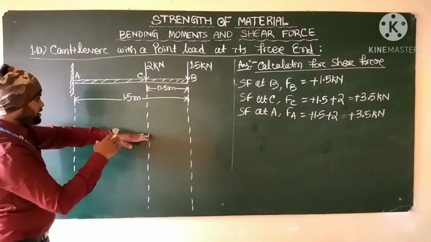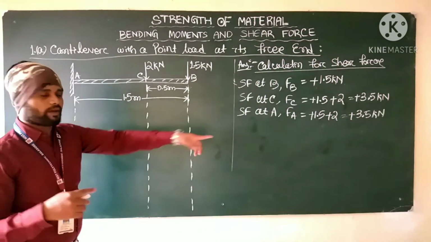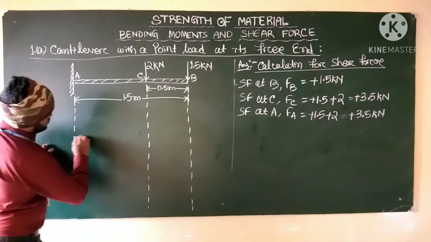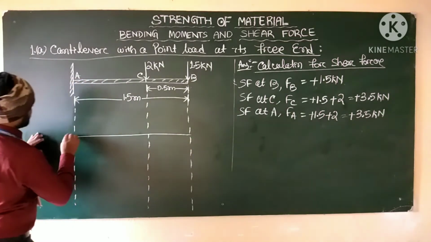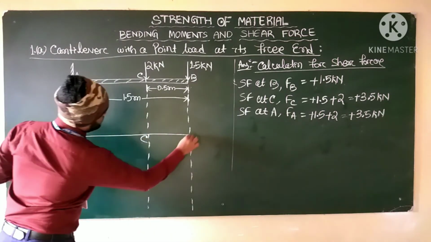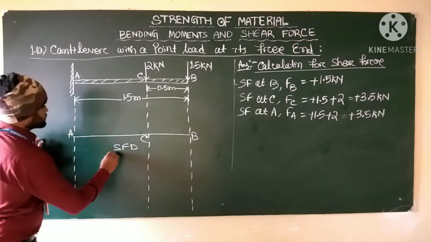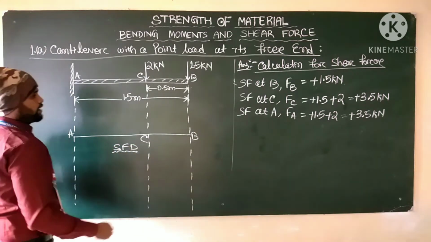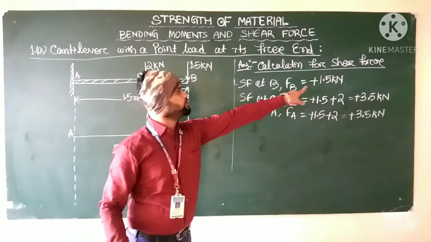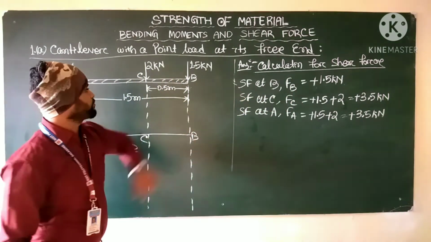Previously we have drawn a baseline. Above the baseline we will draw the three values. So this is the baseline, A, C and B. We will draw the shear force diagram. Now at point B, what is the amount of force? That is plus 1.5.